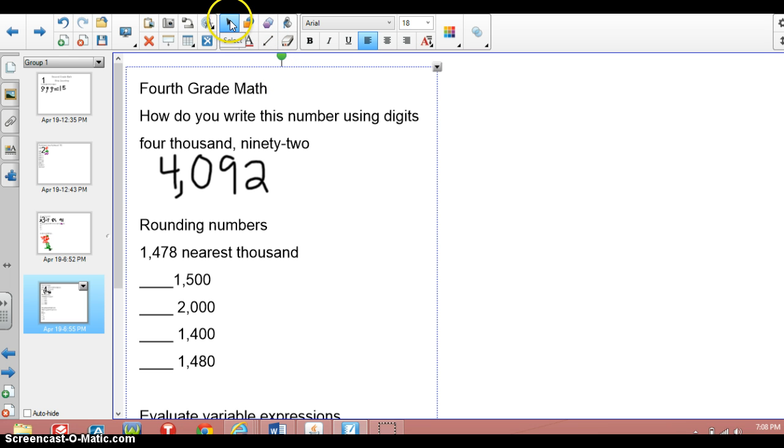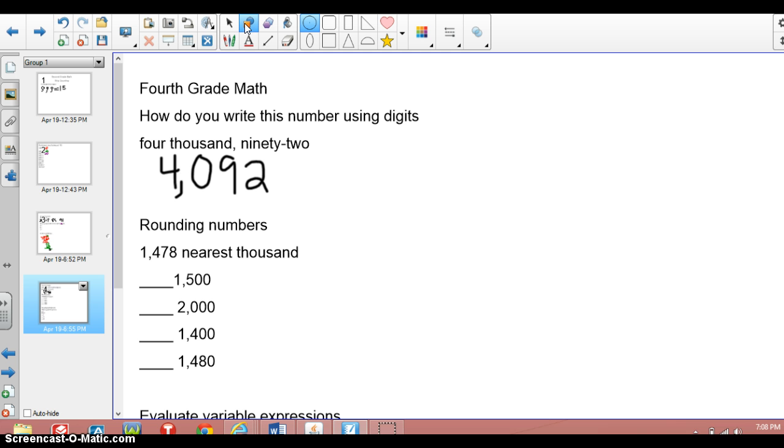Okay, so what we're going to do is check this off. And we can use shapes. We can use symbols. But since we're already using a pen, let's just take the pen and mark it off. 2,000. Okay?